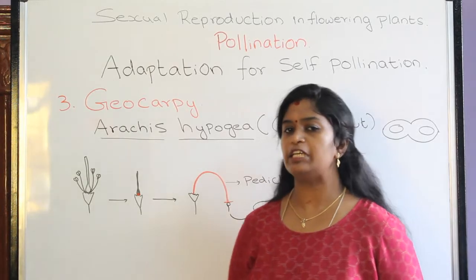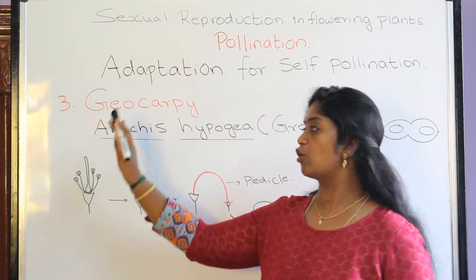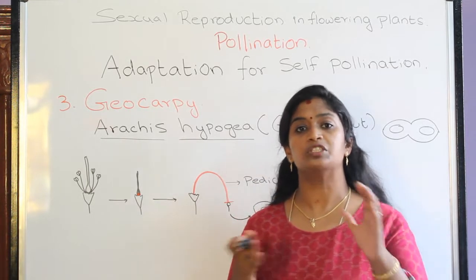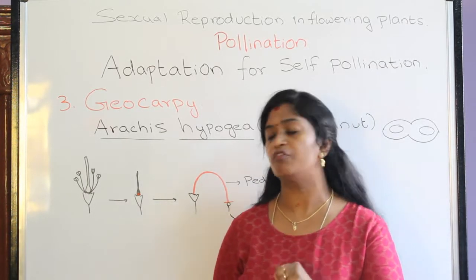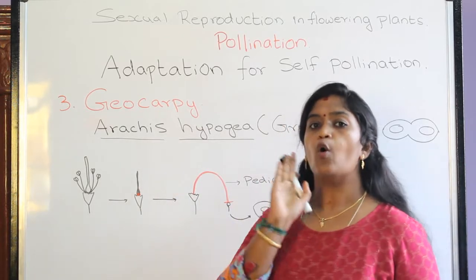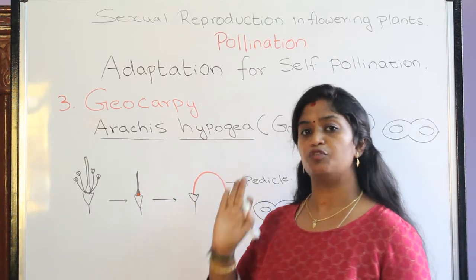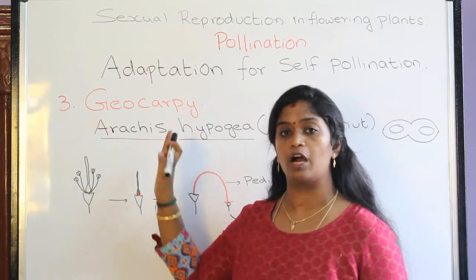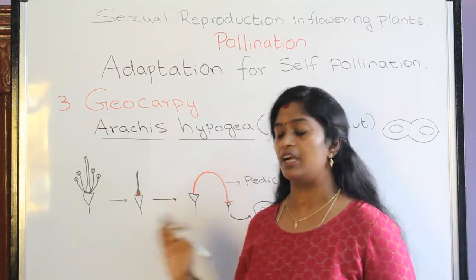The third adaptation of self-pollination is called Geocarpy. Geocarpy is a condition which gives rise to an underground fruit. Generally, the ovary gives rise to fruit in the aerial part, whereas in Geocarpy, the fruit is formed underground.